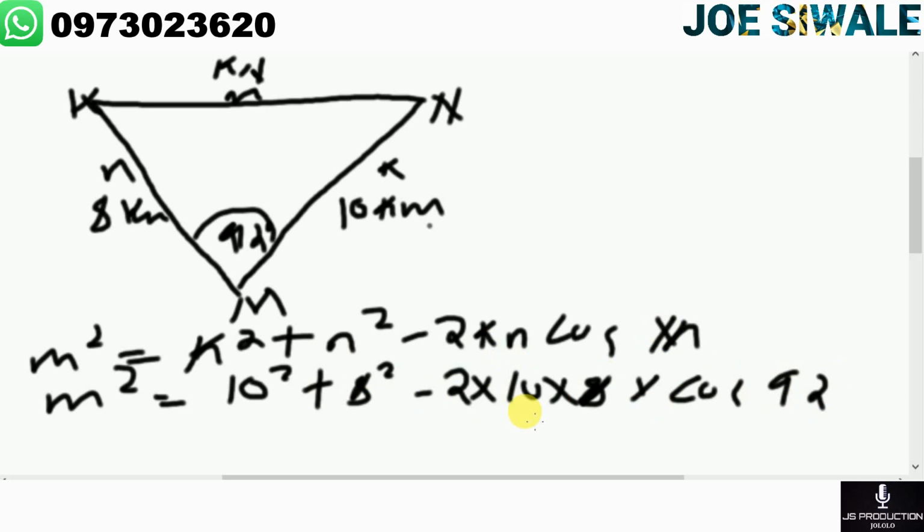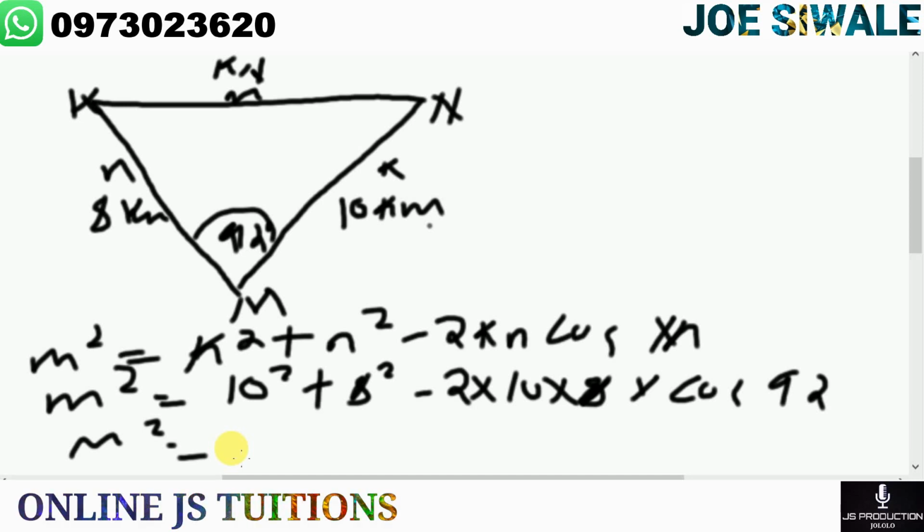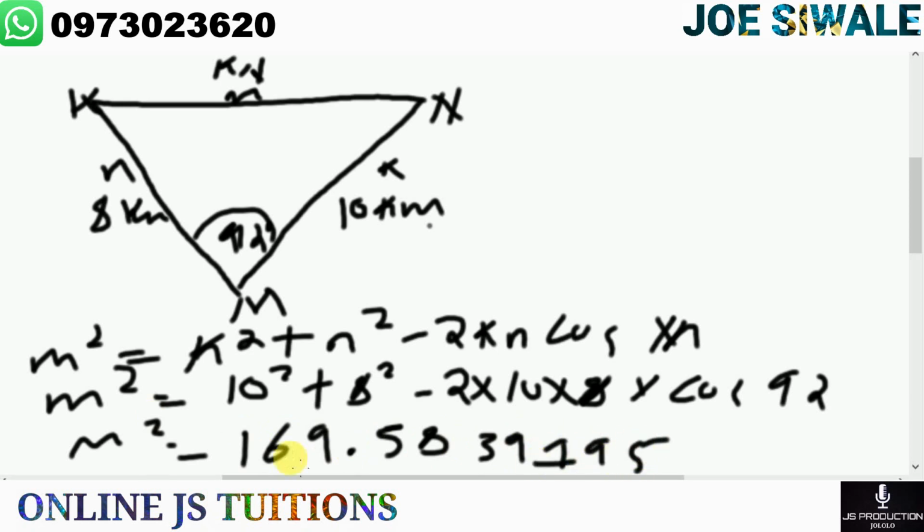So m squared is equal to, if you punch the calculator, 10 squared plus 8 squared minus 2 multiplied by 10 multiplied by 8 multiplied by cos 92, that is giving me 169.5839195. So I'm going to say square root here and square root here.